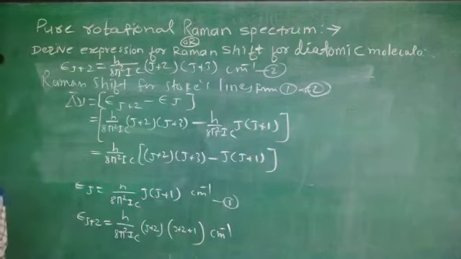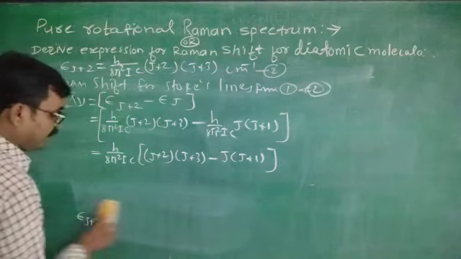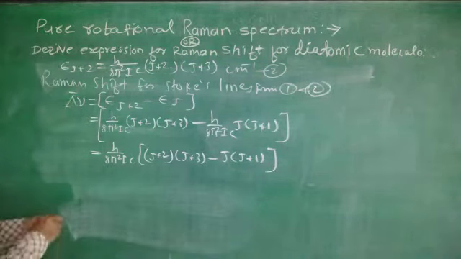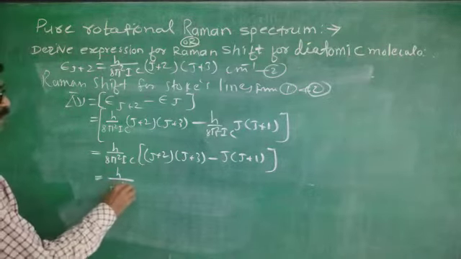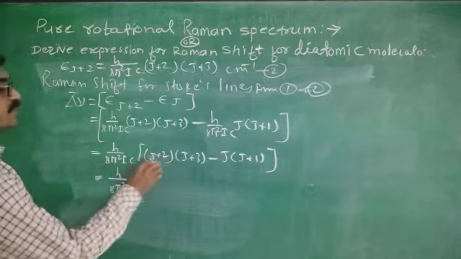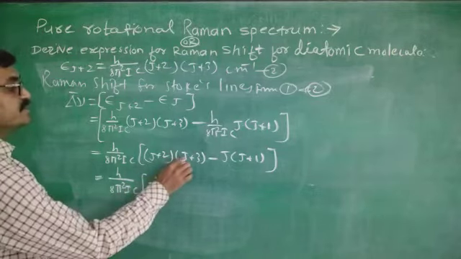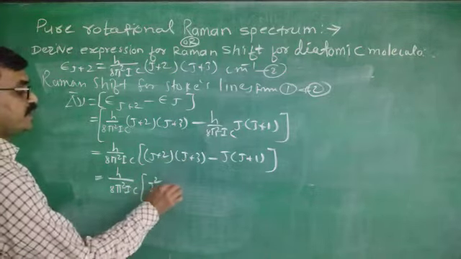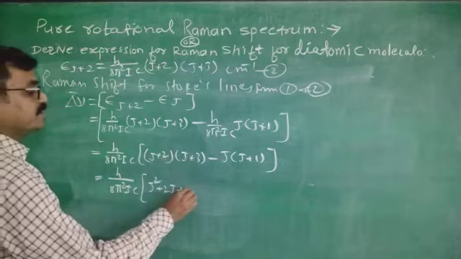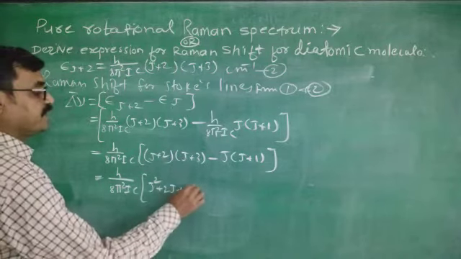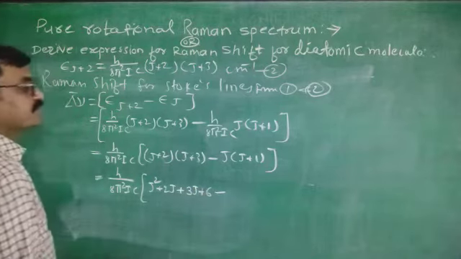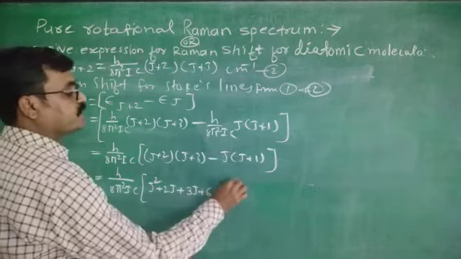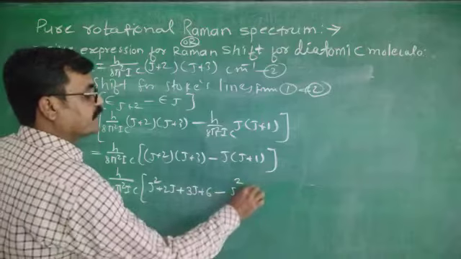Now if we solve it further, it's simple mathematics. h upon 8 pi square Ic. Now j multiplied by j, j square, j multiplied by 3, 3j, 2 multiplied by j, 2j, 3 multiplied by 2, 6, minus j into j, j square, minus j.